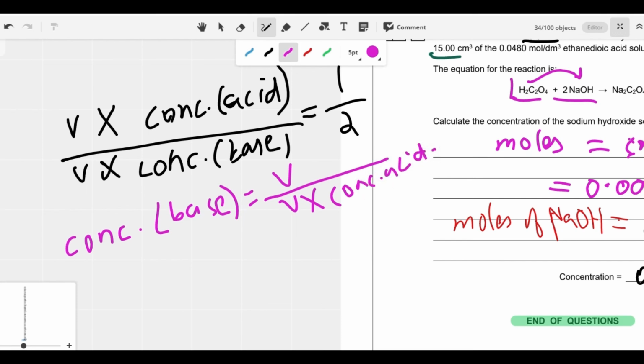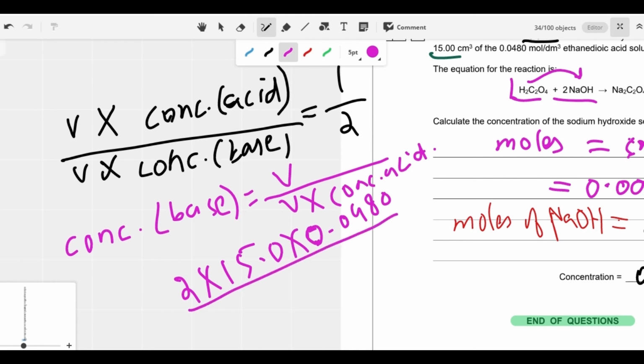So you need to write it in this form, like 2 times 15, I just changed it because dividing by 1000, times 0.0480, over 25.